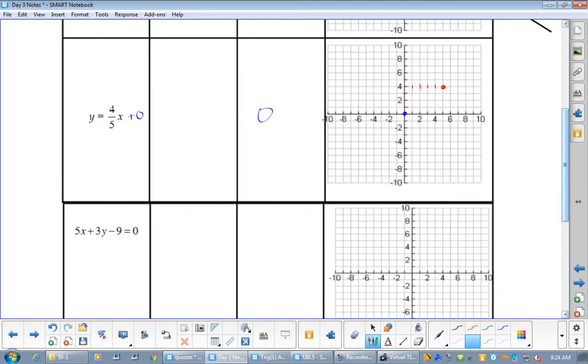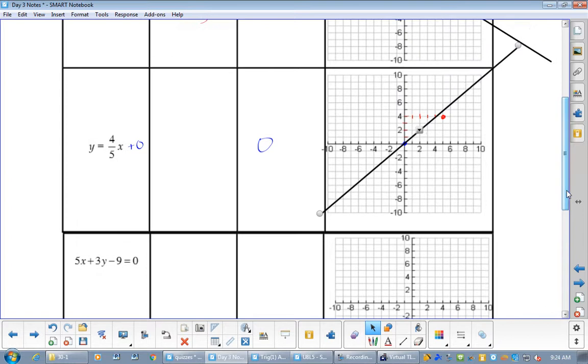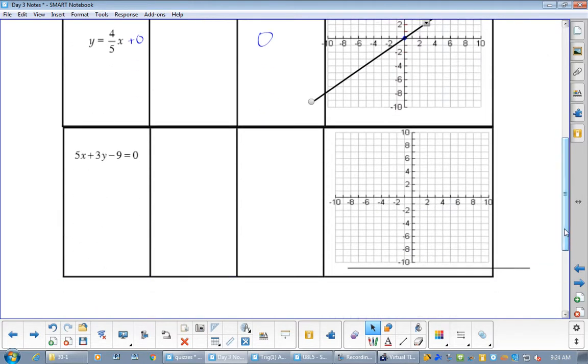And those points are far enough away from each other that I'm going to have a pretty good line. Takes a while with this thing. Be about like that.